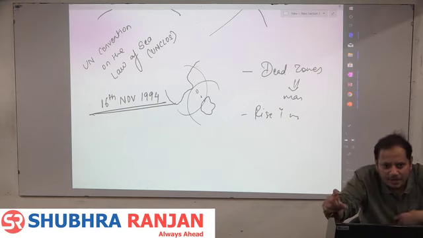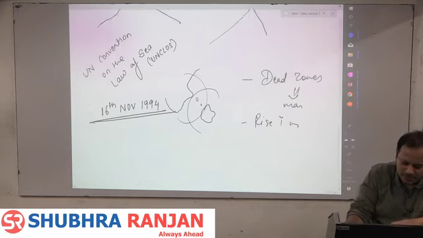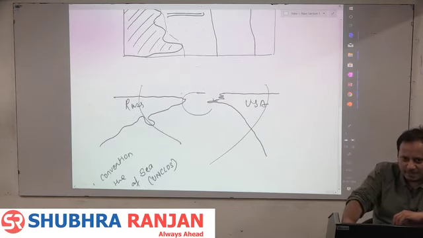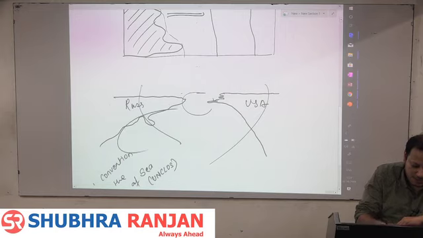Understand what I mean, who wanted to expand their jurisdiction? USA will say no, my jurisdiction is even the coast of Japan. And Russia will say no, my jurisdiction is even here.